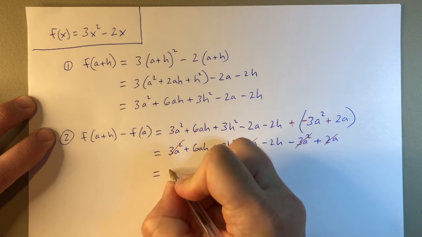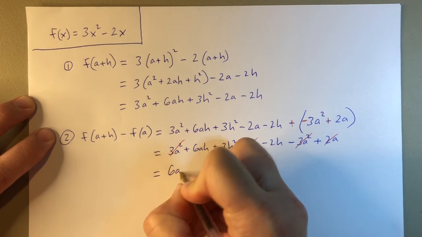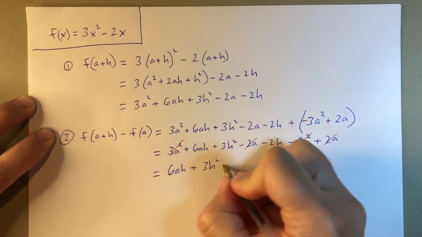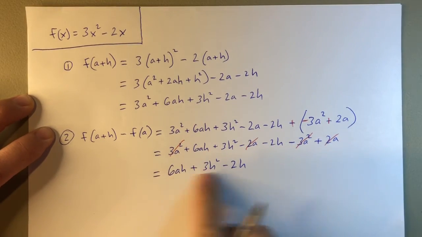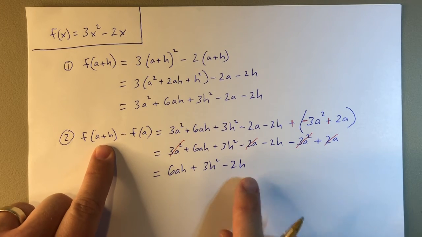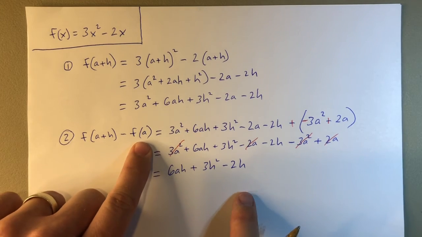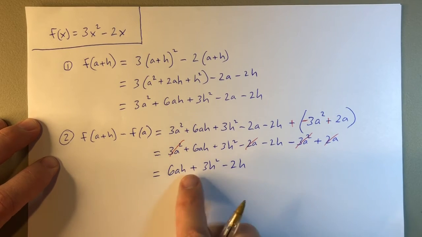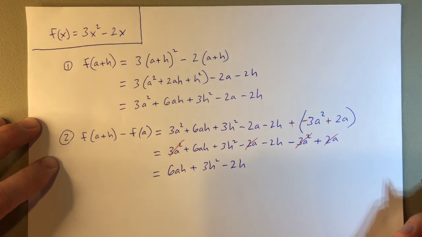The last thing I'm going to get here then would be what? This is what you end up with for the difference between f of a plus h and f of a. Notice that in every remaining term, you have at least an h.